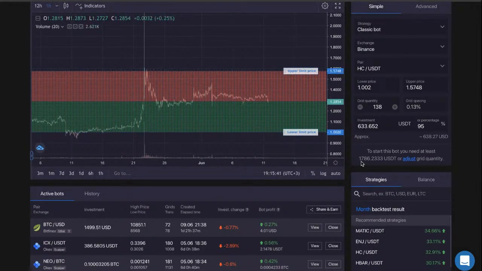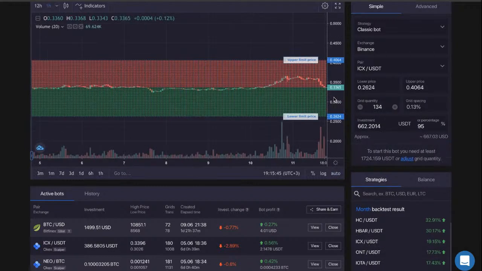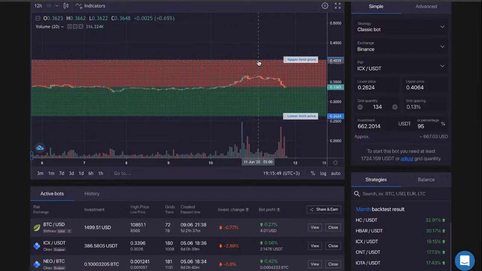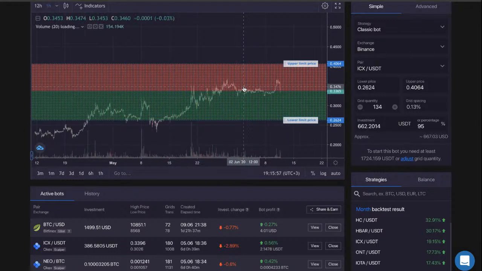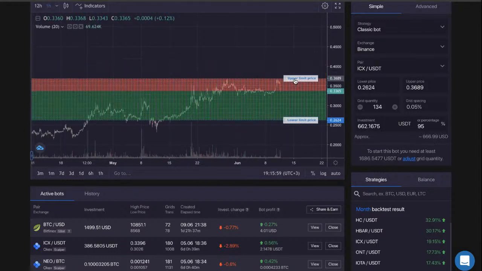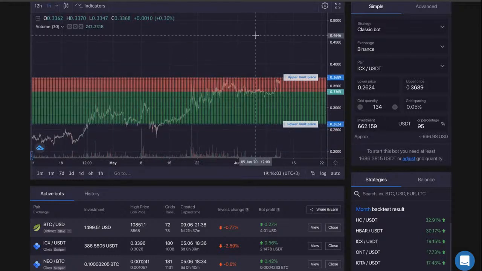So here it is. Notice that each time I click on the cryptocurrency pair, which is recommended by the Bitsgap, the recommended upper limit price and lower limit price is automatically set. But if you don't like this setup, you can easily change it in any direction you want.